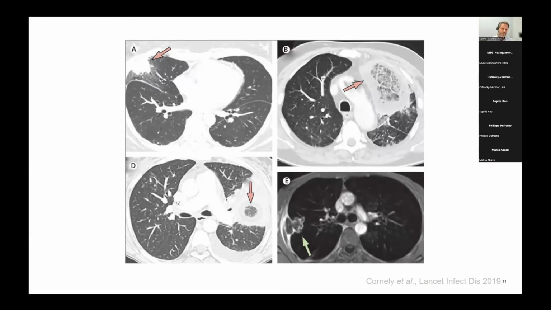But as the speaker in the previous talk already said, this is definitely not specific. This can be pulmonary aspergillosis, but it can also be a Staph aureus infection of the lungs. So improvement here is needed.